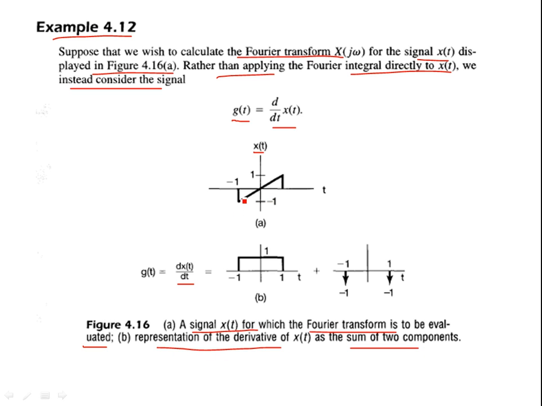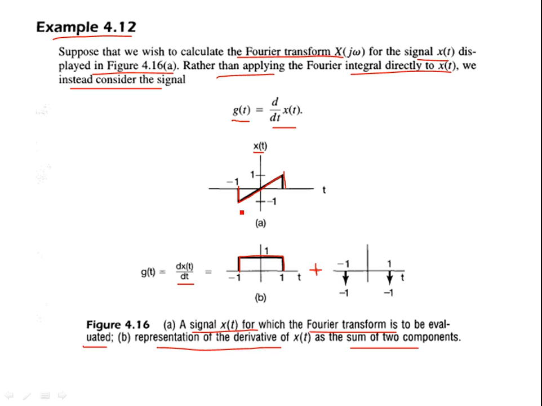Part B of the figure represents the derivative of x(t) as the sum of two components. If you take the derivative, this rising slope has a constant gradient, so we have a rectangular waveform, and then on the extreme ends there will be impulses. So dx/dt can be bifurcated into two signals.